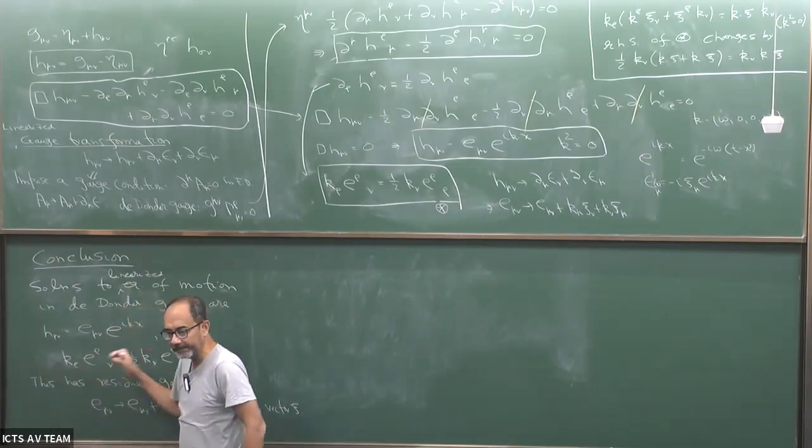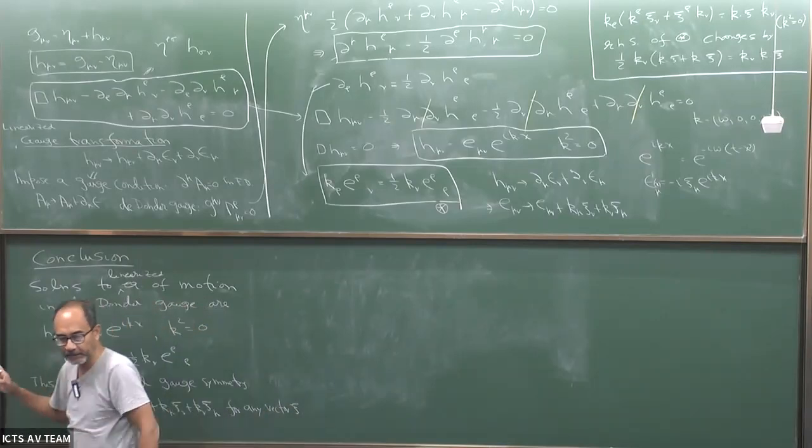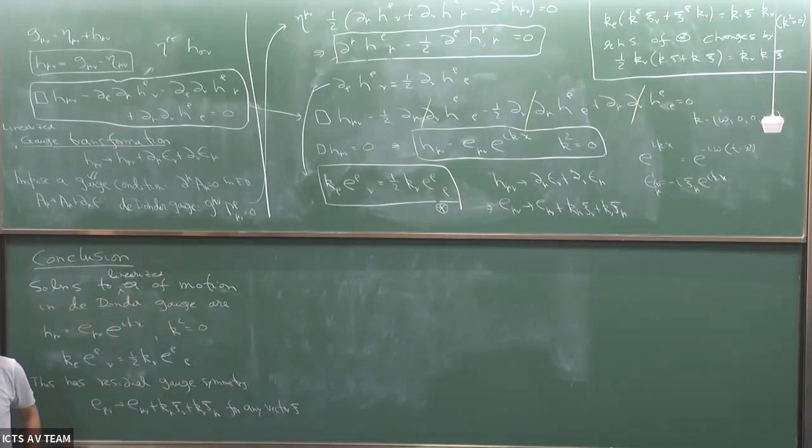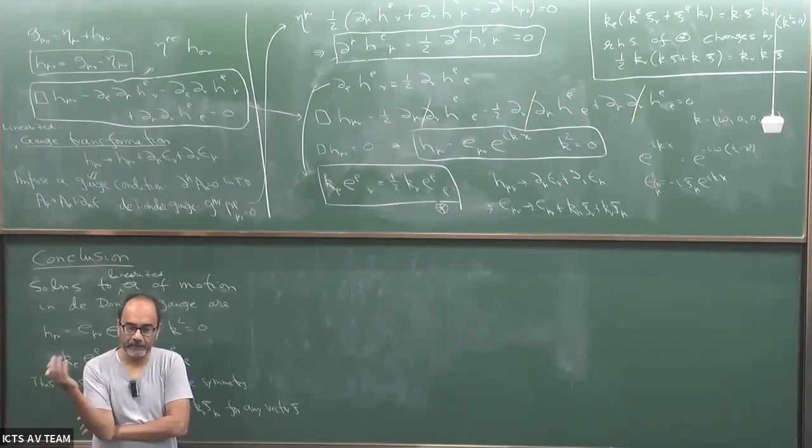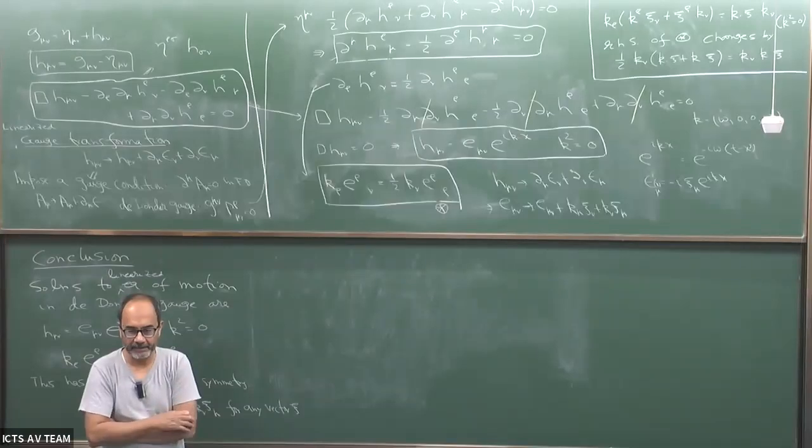You have just imposed the gauge condition, but you have not made use of the residual gauge symmetry. So that's a gauge dependent statement. For physical interpretation, of what the polarizations are, you have to take into account the fact that there is also a residual gauge. Otherwise, different gauges will give different answers.